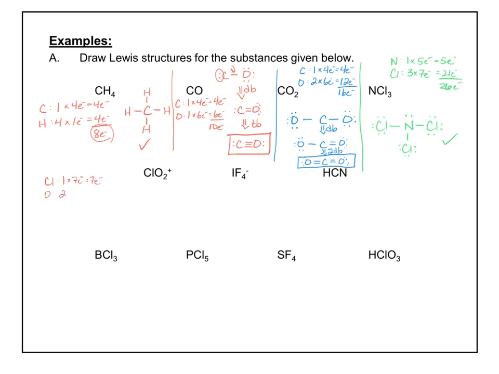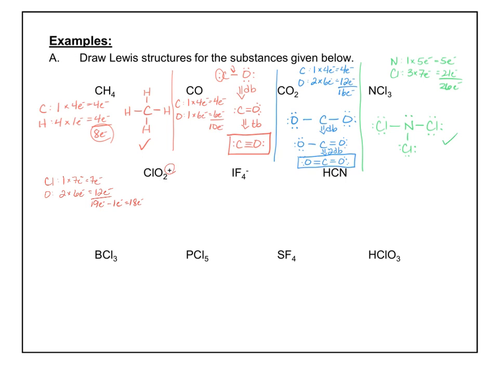Oxygen, there's 2 of them, 6 valence electrons, 12. So when I add up, I get 19 electrons, but because it has a positive charge, and positive charges mean losing electrons, in this case 1, because it's a positive 1 charge, really I have 18 electrons to distribute.